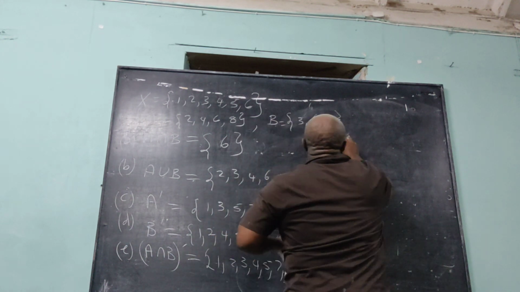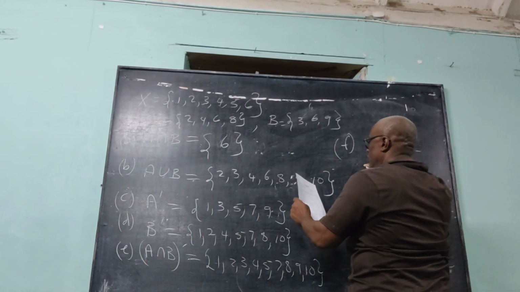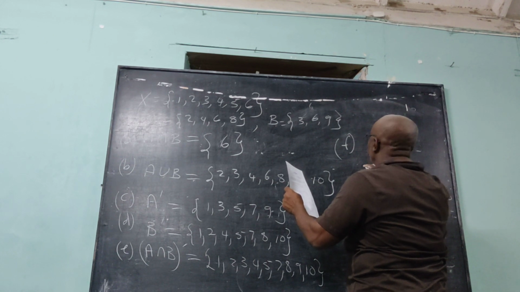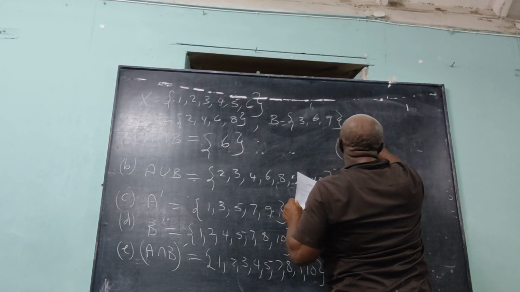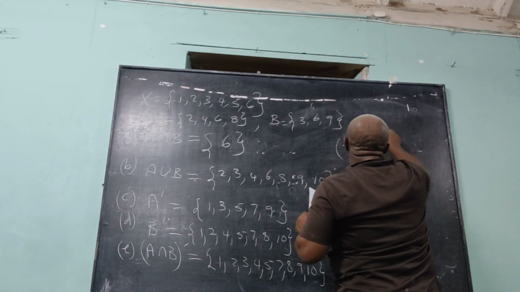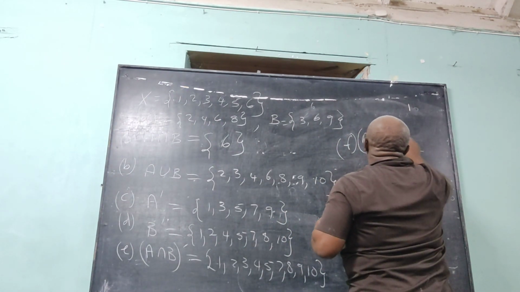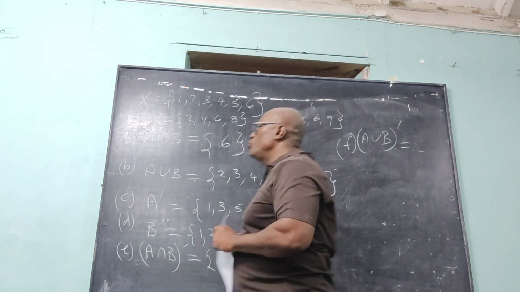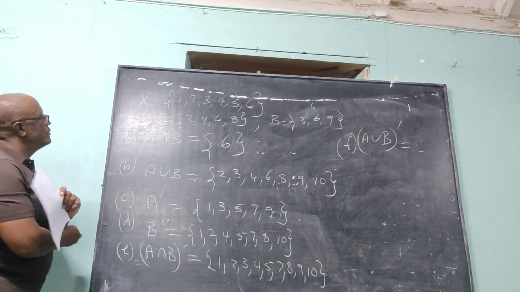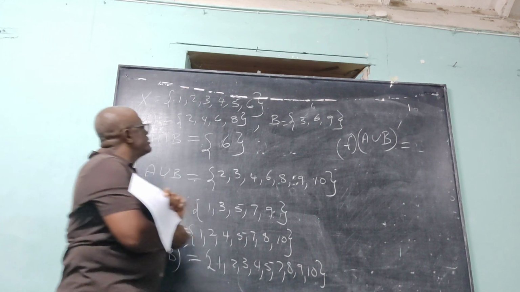F. A union B complement. A union B, all complement. The complement of the union. Close the bracket, yes.